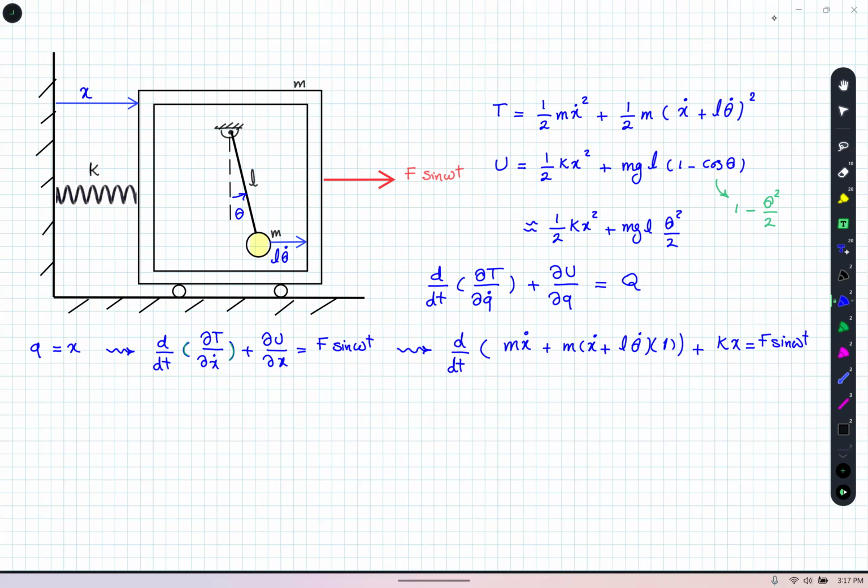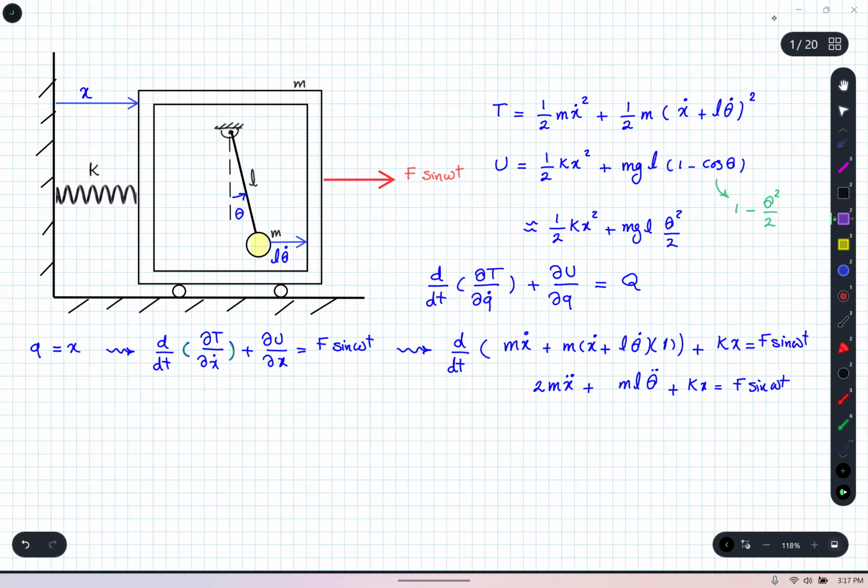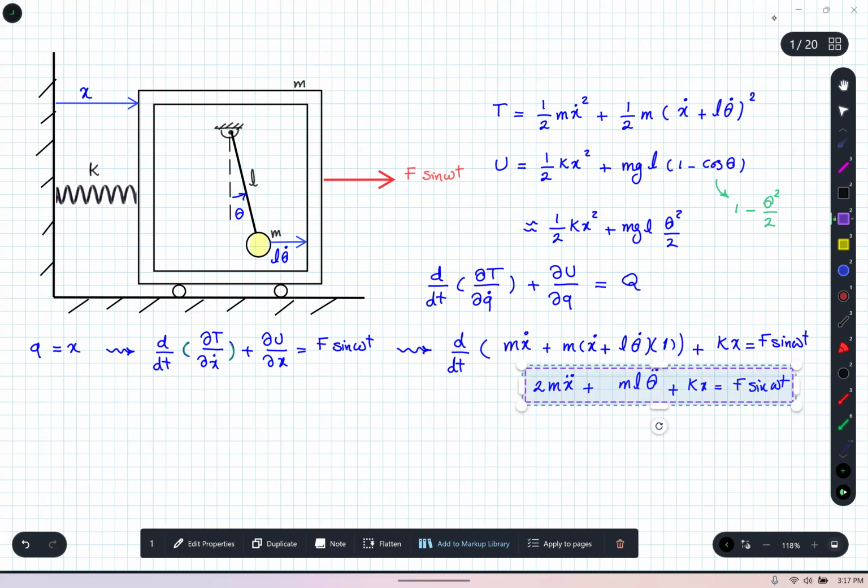Now I can do the derivative inside the bracket with respect to time, and I'm going to get m x double dot plus m L theta double dot plus kx equal to F sine omega t. So that's my first equation.